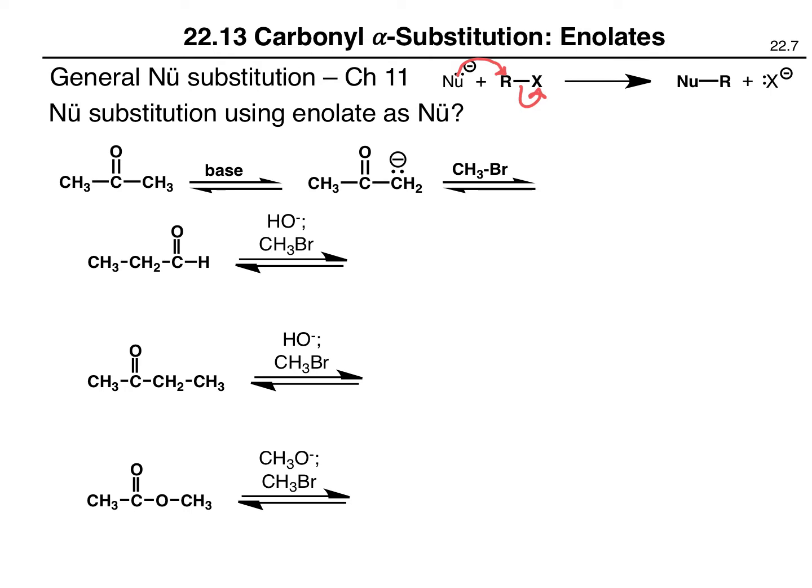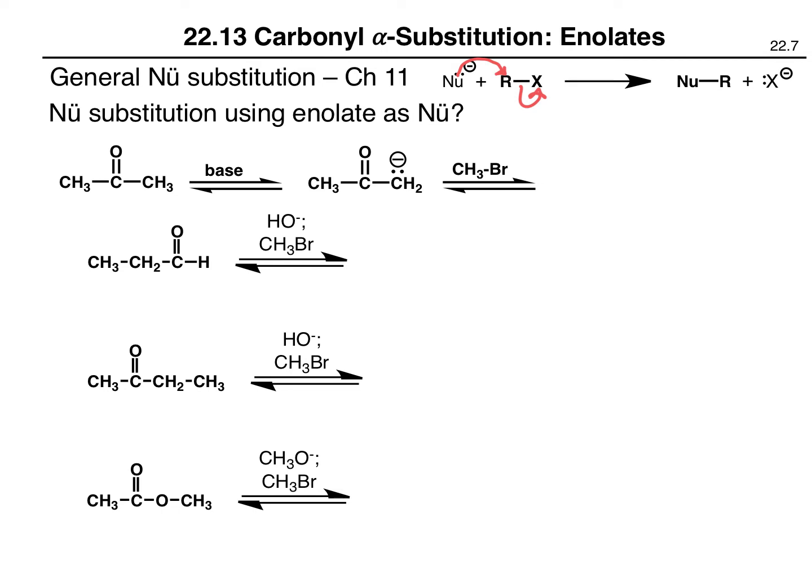So we know that SN2 substitution works best with methyl and primary alkyl halides. With secondary alkyl halides, there is competition between substitution and elimination. And with tertiary alkyl halides, elimination is a big issue.